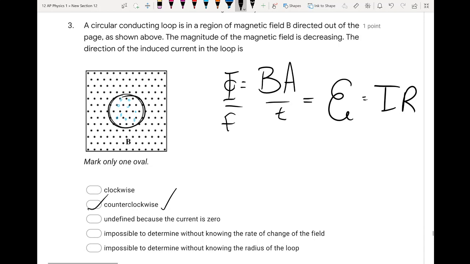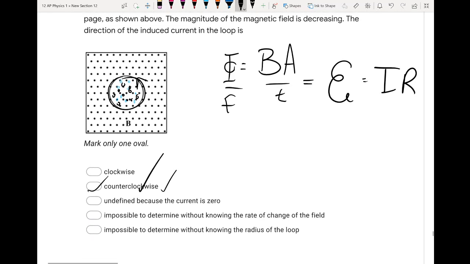It's like, hey, I want as much magnetic field as before. So it's going to create a counterclockwise current. Based on the right-hand rule, we will induce a magnetic field that is inside of the loop so that we are counteracting the decrease inside the loop. So it's saying, hey, I liked how much I had before, so I'm going to induce a current so I can have what I had before. So it's going to have to be counterclockwise to make that happen.